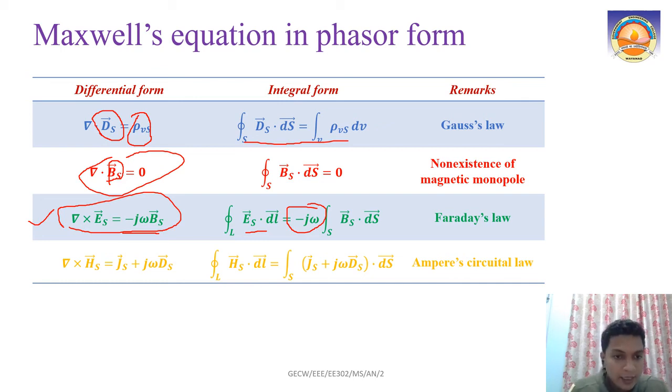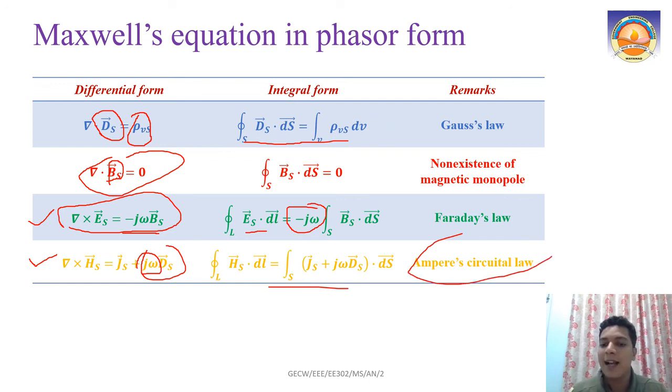Okay. The last equation which I did not derive, you can try for yourself. Normally what is your equation? Del cross h equal to j plus dou d by dot t. That dou d by dot t differentiation is equal to what? Multiplying with j omega in phasor domain. So it has just got multiplied. Okay. Similarly in the integral equation, that is our Ampere's circuital law or the Maxwell's fourth equation.